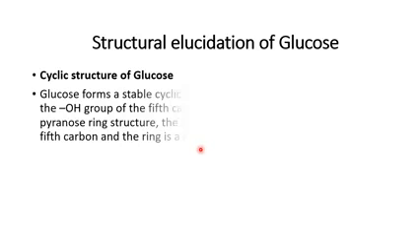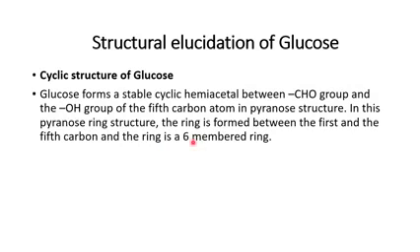Next we are going to talk about the cyclic structure, because the CHO and the OH on the fifth carbon form a hemiacetal. That is a property of the aldehyde group: an aldehyde with one alcohol forms a hemiacetal, with two alcohols forms an acetal.